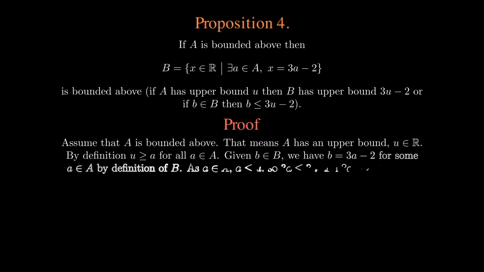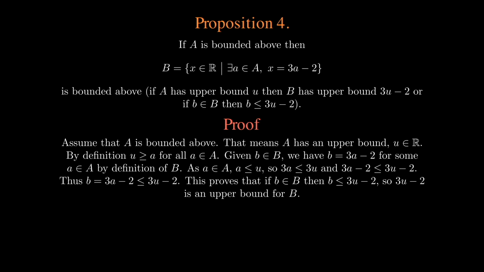Jumping into this proof, we start by establishing an upper bound u in A. Then, take some arbitrary b in B, unpack the definition of being an element in the set B, which gives us that b equals 3a minus 2.